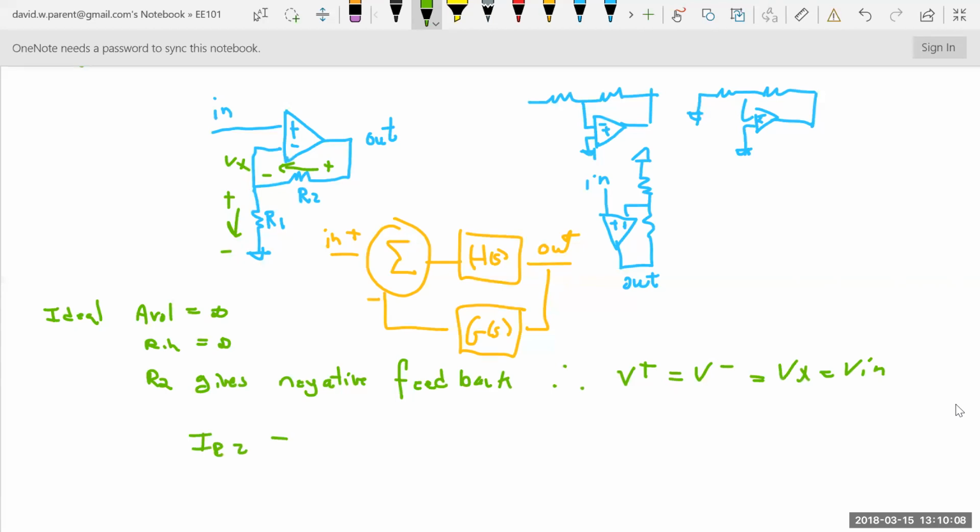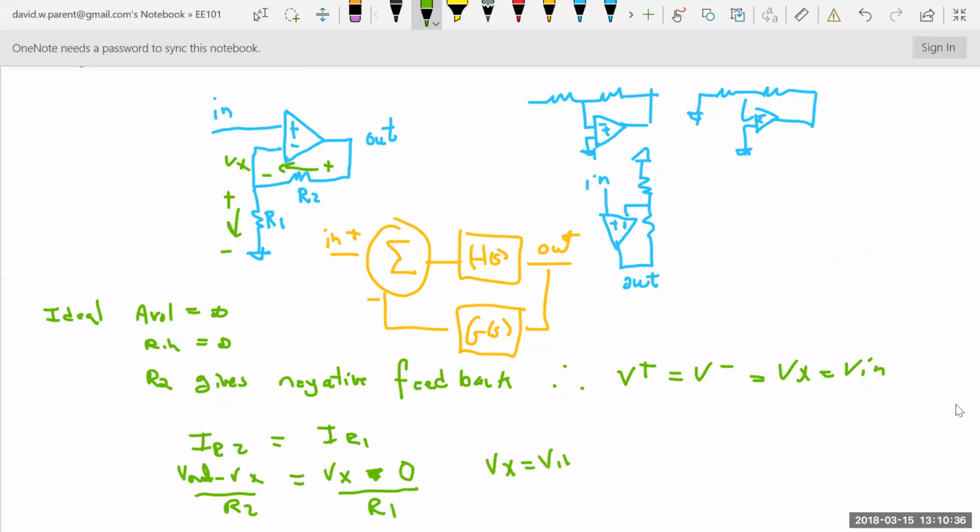IR2 equals IR1. IR2 is V out minus Vx over R2, equals Vx, whoops, minus 0, right, because it's at ground, over R1.